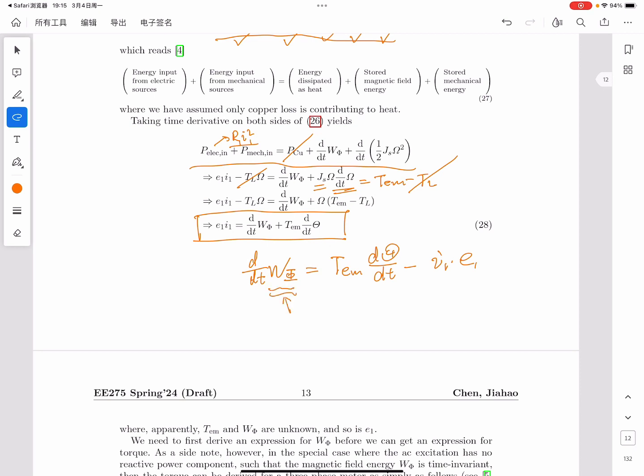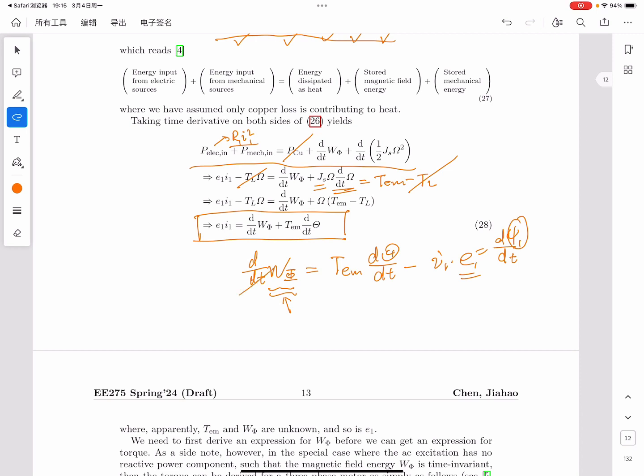We know the magnetic energy, or the magnetic field, is a conservative field. So it is possible to eliminate the dependence on time from this equation. If we plug in Faraday's law of induction, E1 can be replaced with d psi over dt, where psi is the flux linkage of the circuit.